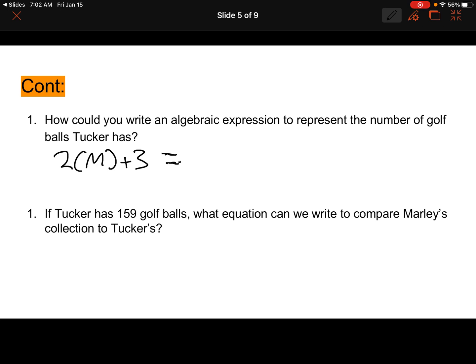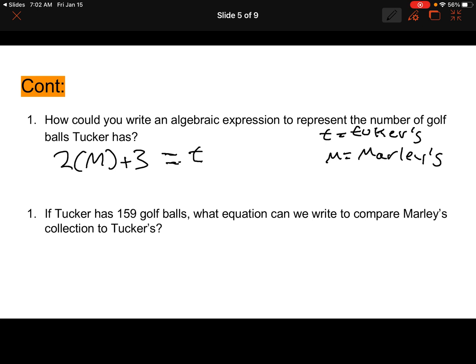Well, 2 times M plus 3 was the number of golf balls Tucker collected, right? So I'm just going to put a little T here, where T is Tucker's golf balls, and M is Marley's. So 2 times M plus 3 is equal to T would represent our equation for how many golf balls Tucker has collected based off how many golf balls Marley has collected.